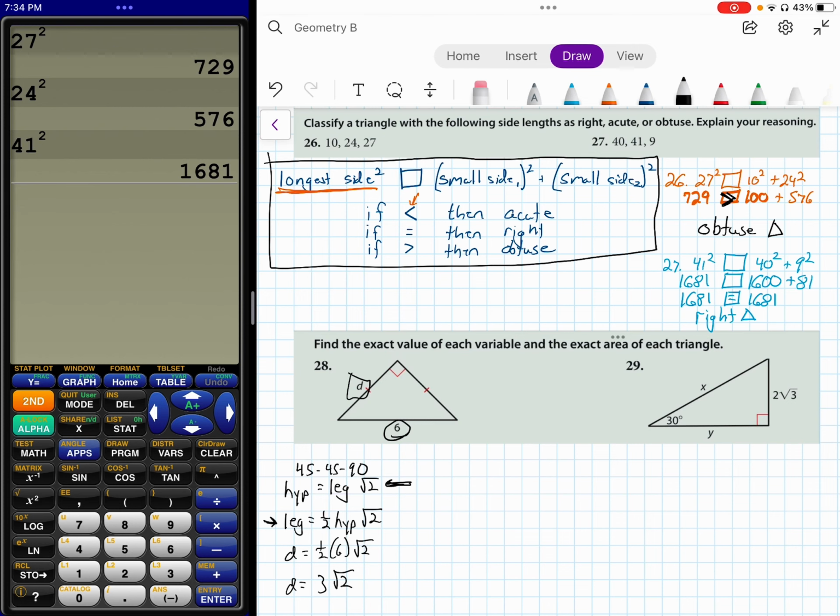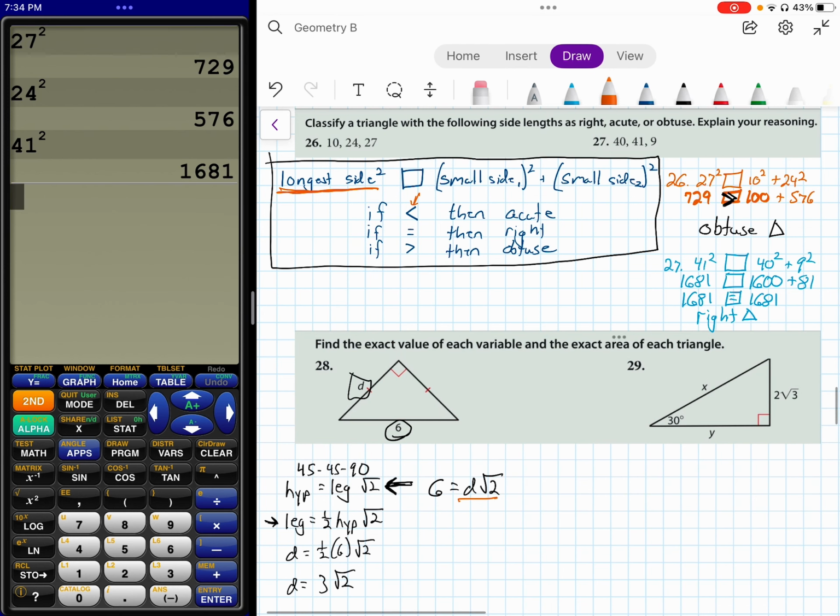If you don't want to memorize both those formulas and just know this one, what you would do is plug in the hypotenuse is 6, the leg is d times the square root of 2. We would have to divide both sides by the square root of 2. Another probably Algebra 2 topic is that you can't leave a square root in the denominator, and so we call that rationalizing the denominator, and all we do is multiply by the square root of 2 over the square root of 2.